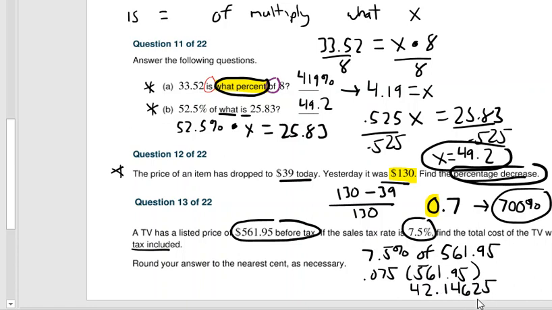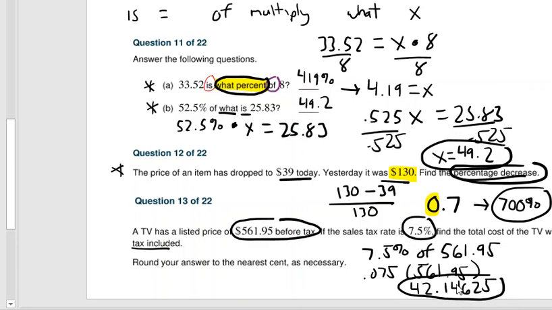42.14625. But since we're talking about money here, we want to round this number to the hundredth spot. And since the number that is after the hundredth spot is 5 or bigger, this is going to be $42.15. Now this is just the sales tax.